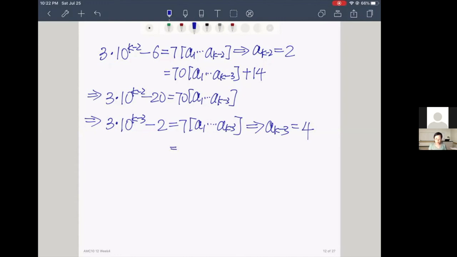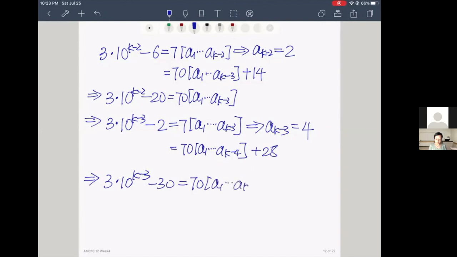Okay. Now, when it is 4, what do we have? So this is 70, A1, dot, dot, dot, AK minus 4. Then here we have 28, and let's see. So this tells us that 3 times 10 to k minus 3 minus 30 equals 70, A1, dot, dot, AK minus 4, which implies that 3 times 10 to k minus 4, and not yet.